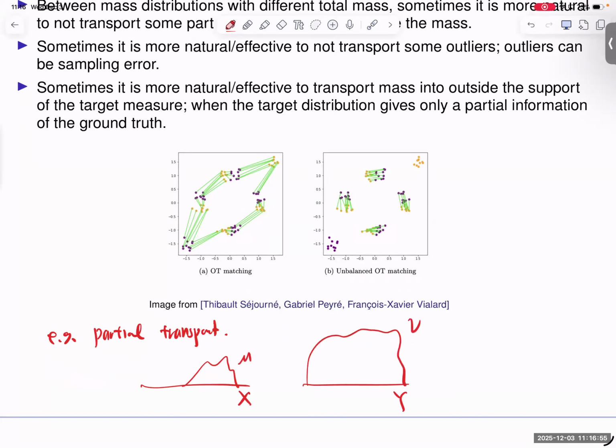Then of course you can scale and match everything. In unbalanced mass transport, we basically match everything, including this transport and teleportation. But sometimes in the context of partial transport, you just match only some portion of the mass. Okay.